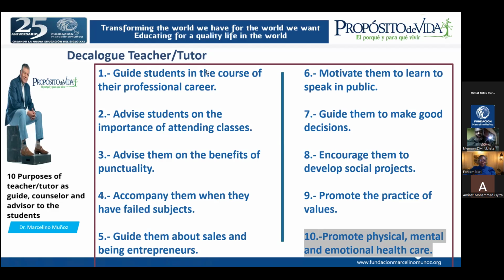Number five is guide them about sales and being entrepreneur. Number six is motivate them to learn, speak in public. Seven, guide them to make good decisions. Eight, encourage them to develop social projects.